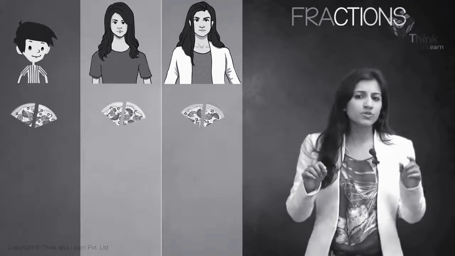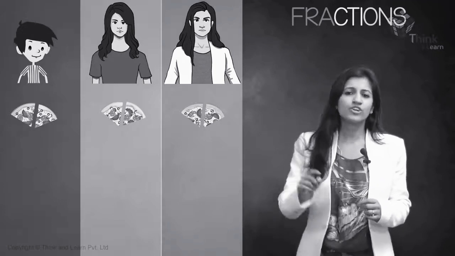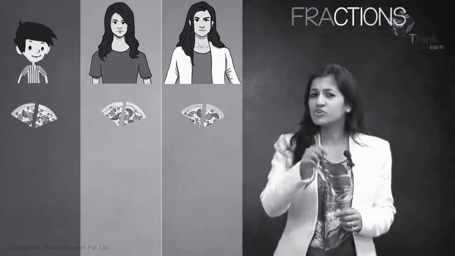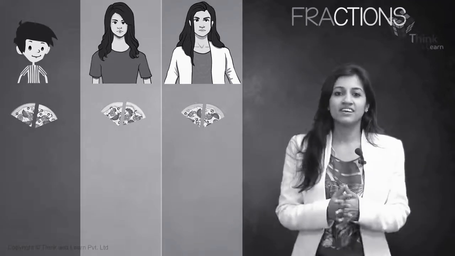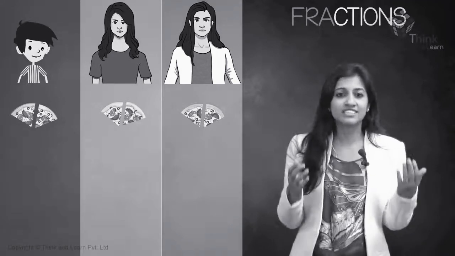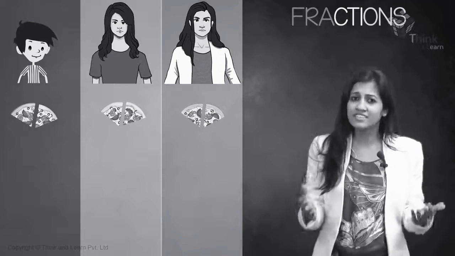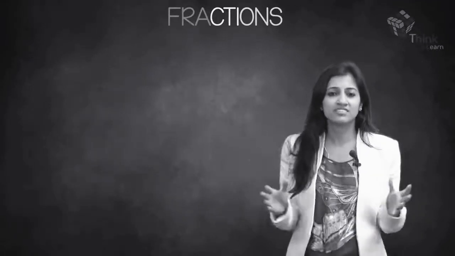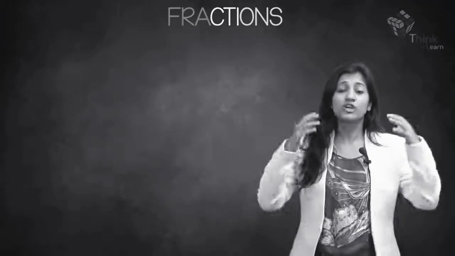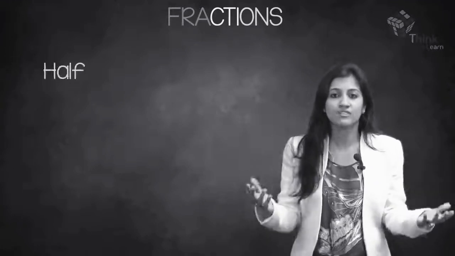So, if someone were to ask me, as a teacher, what do you think a fraction is? The simplest thing that I think it is, is that a fraction is nothing but a number that's written like a division problem, right? So, if I were to represent one of the simplest fractions that you would relate to, half of something, right?